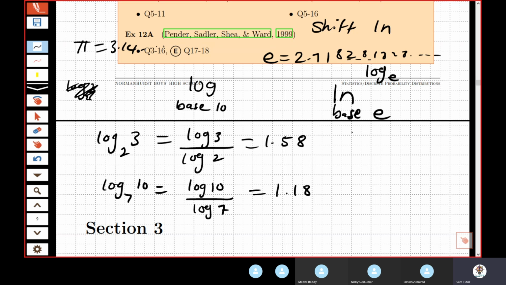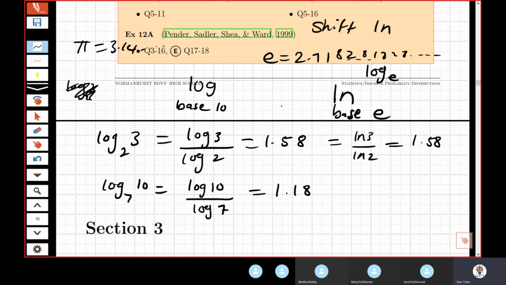What I want you to use is ln as much as you can. So for this one, put ln 3 over ln 2 in your calculator. It should give you the same answer, 1.58. So we saw that ln 3 over ln 2 still gives the same answer, so we can use this. It's just a different base.